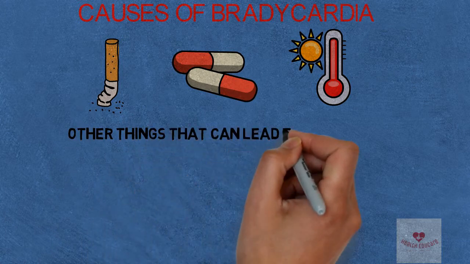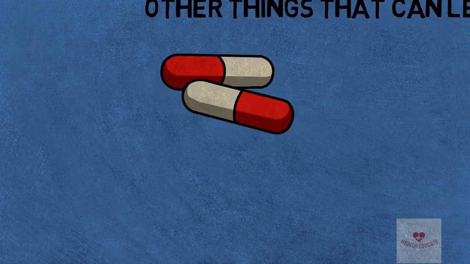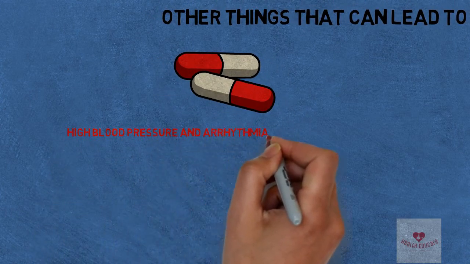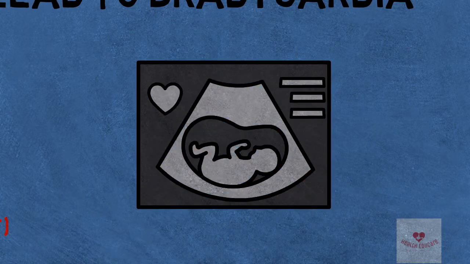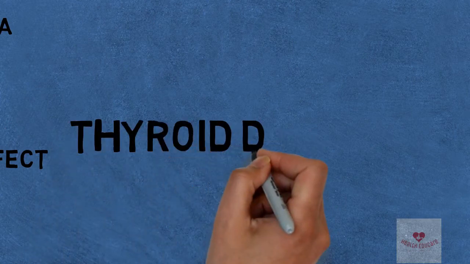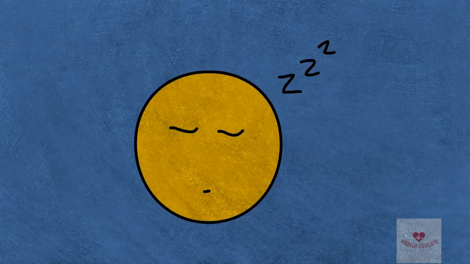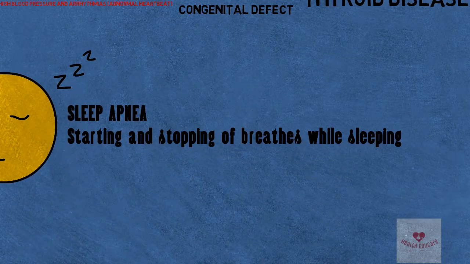Other things that can lead to it: certain medications, such as those to treat high blood pressure and other arrhythmias, or abnormal heartbeats; a congenital defect, or problem you're born with; thyroid disease, an imbalance of hormones in the body; obstructive sleep apnea, when your breathing pauses many times throughout the night.